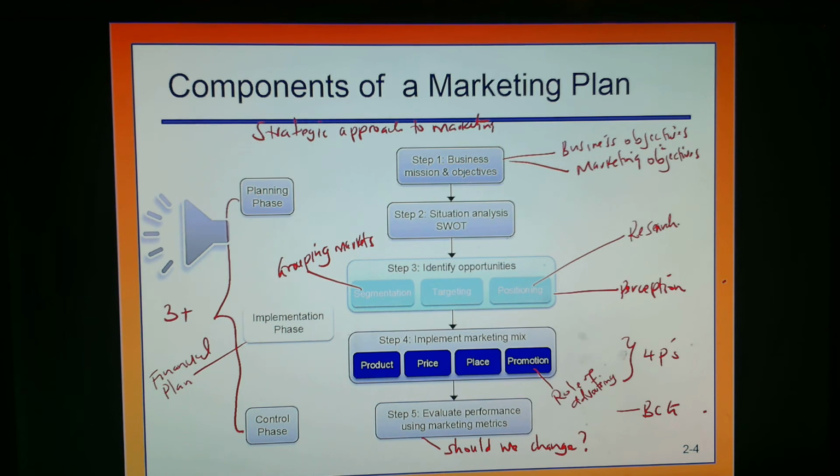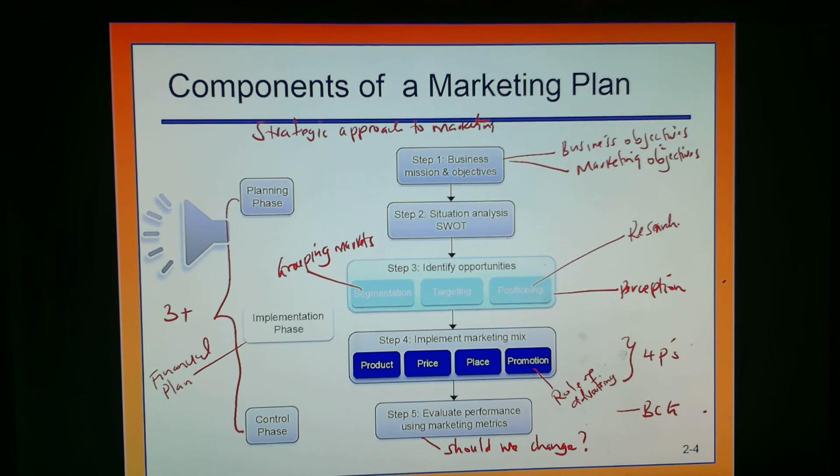So we assess the performance against the marketing objectives by looking at a number of metrics, and there are so many ways you can do this. You can probably use a BCG model, that's the Boston Consulting Group model, to help you measure some of the metrics. You can look at return on investment as a way of measuring the performance of the marketing plan.